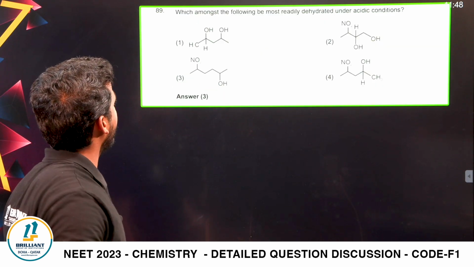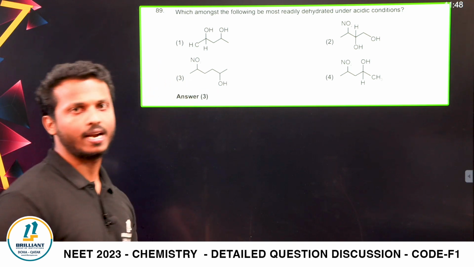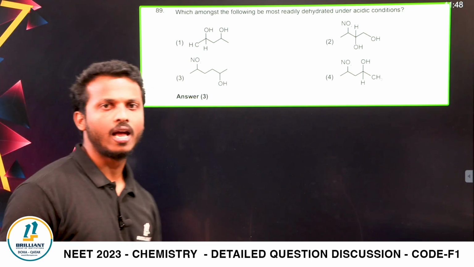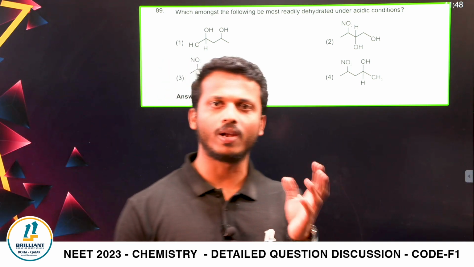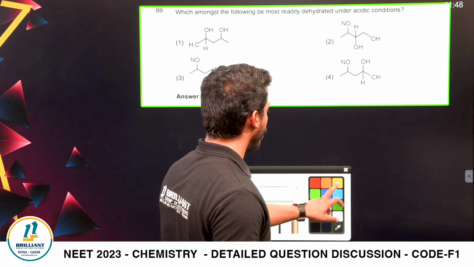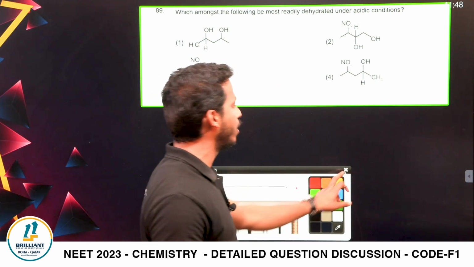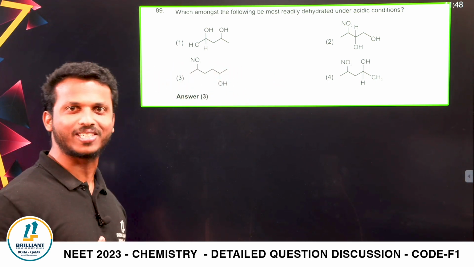Next one. Which among the following is most readily dehydrated under acidic condition? See, all are alcohols here. You know, alcohols on dehydration give alkene. So which will undergo reaction fast or not, you want to understand whether after the reaction it is gaining stability or not. Yes, then only they undergo reaction, right?